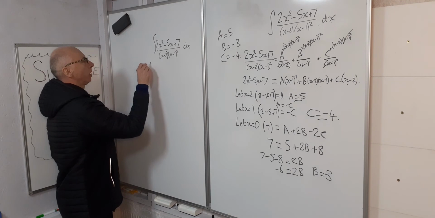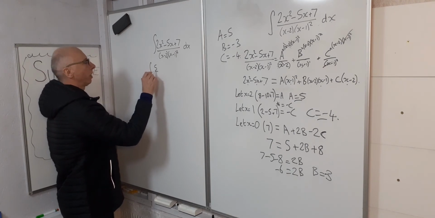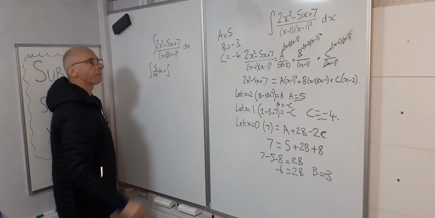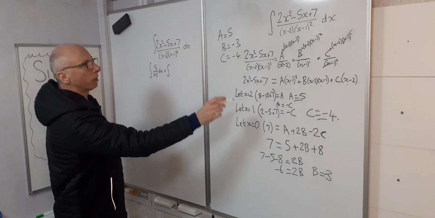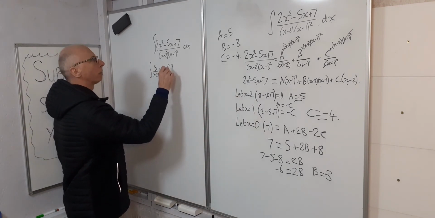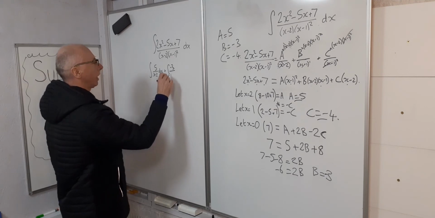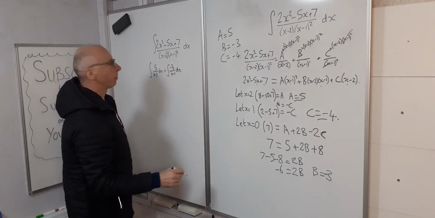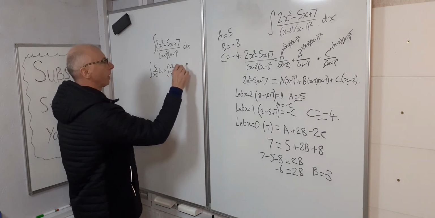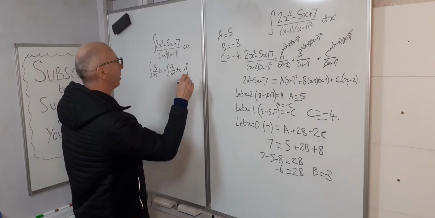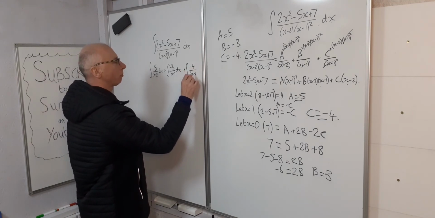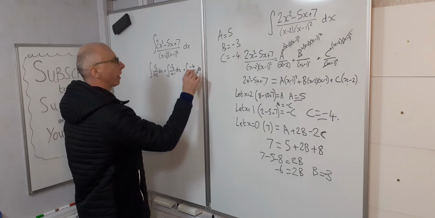So it's the integral of 5 over x minus 2 dx plus the integral of b, which is minus 3 over x minus 1 dx. And then we know we've got plus the integral of c, which is minus 4 over x minus 1 squared with respect to x.